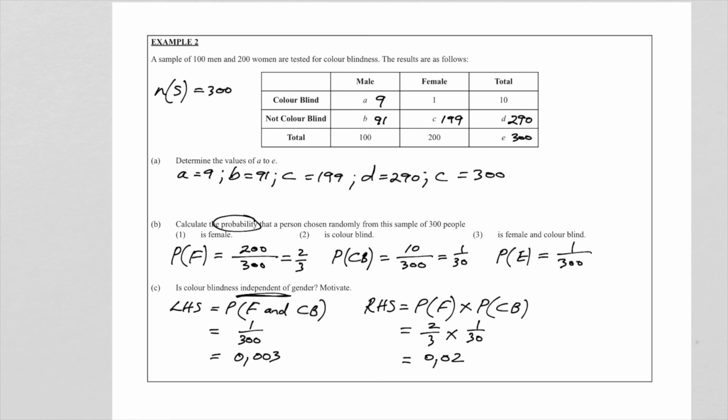As you can see, the left-hand side is clearly not equal to the right-hand side. So what does that mean? These events are not independent.